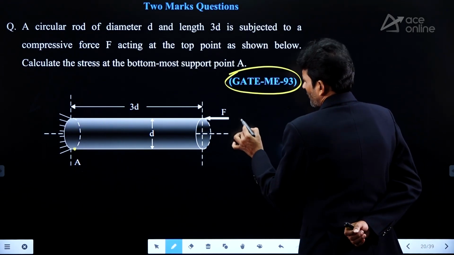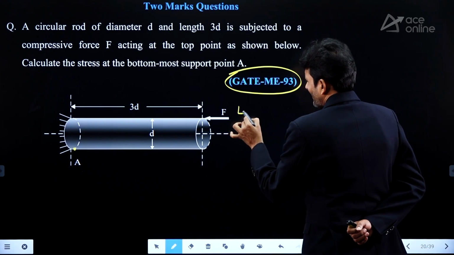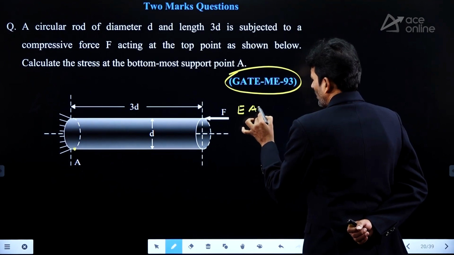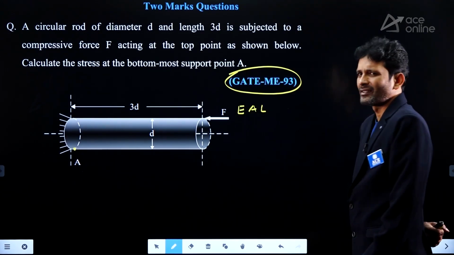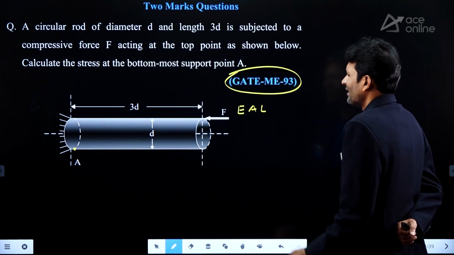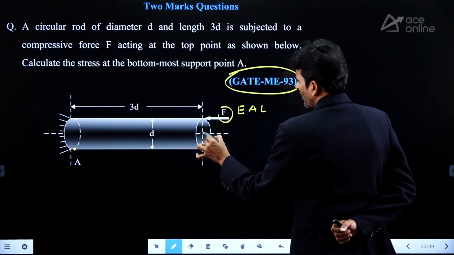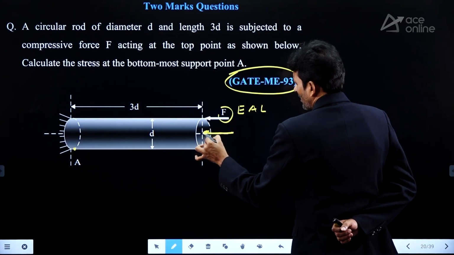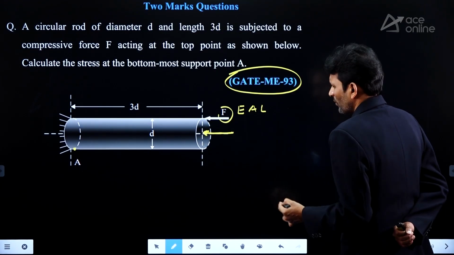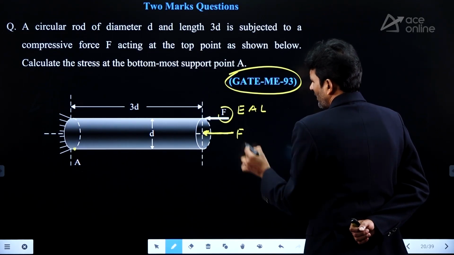F with respect to the cross section will act as an eccentric axial load, my dear friends. When I am converting the effect of F on this cross section, transfer the load to the centroid of the cross section. Load transfer always gives additionally one moment. What is that moment we are having?